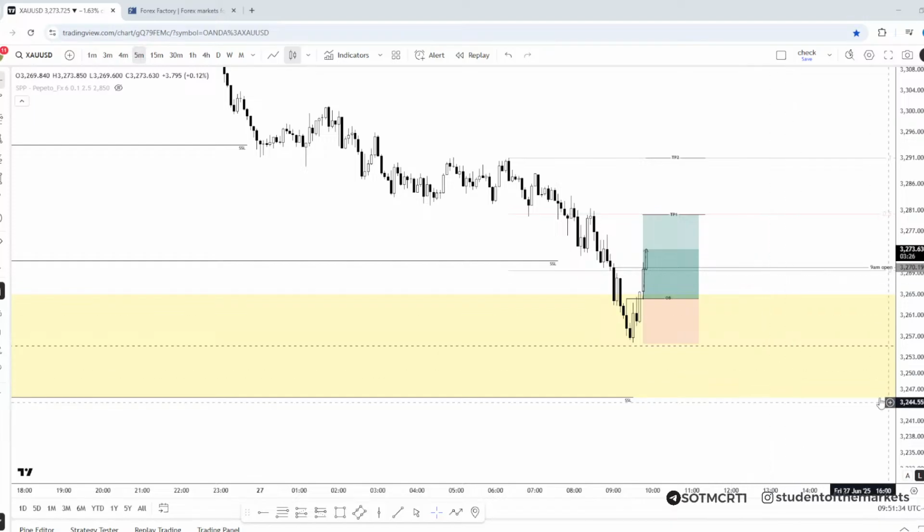All right, so price is looking good, pushing to the upside.